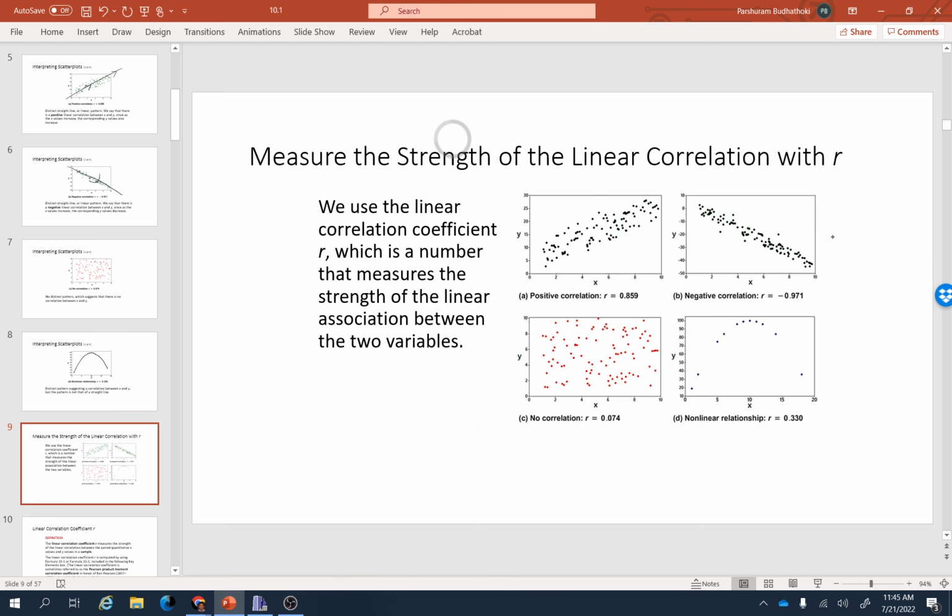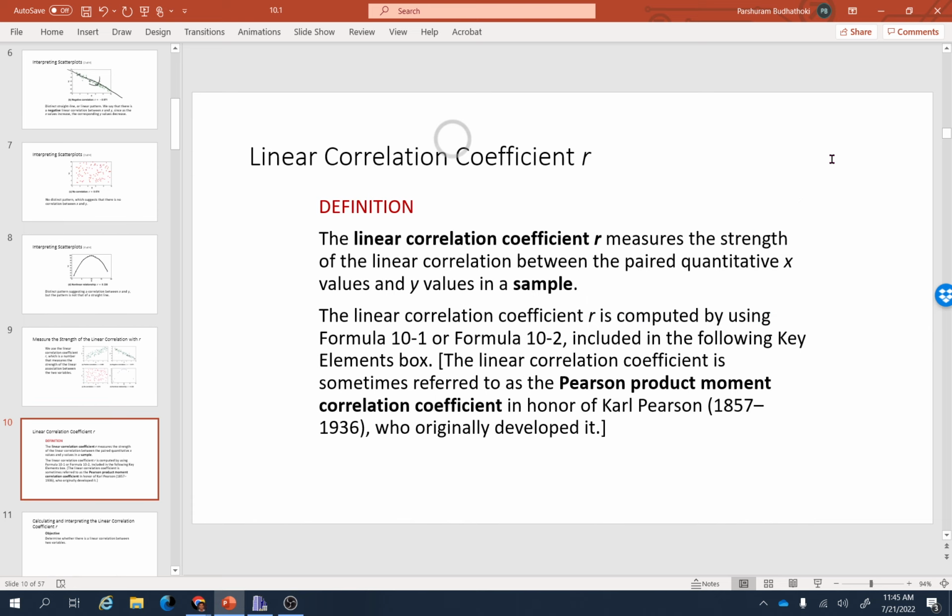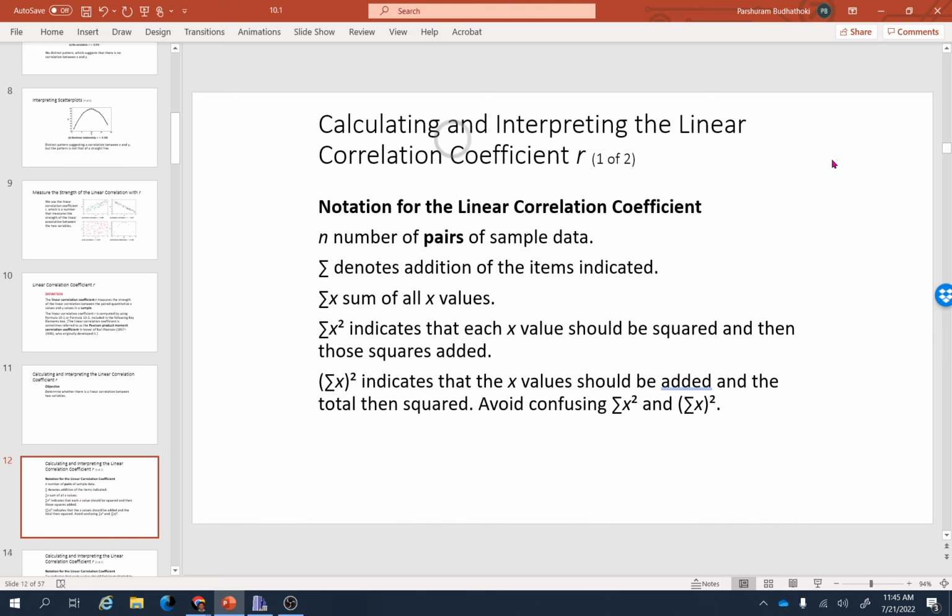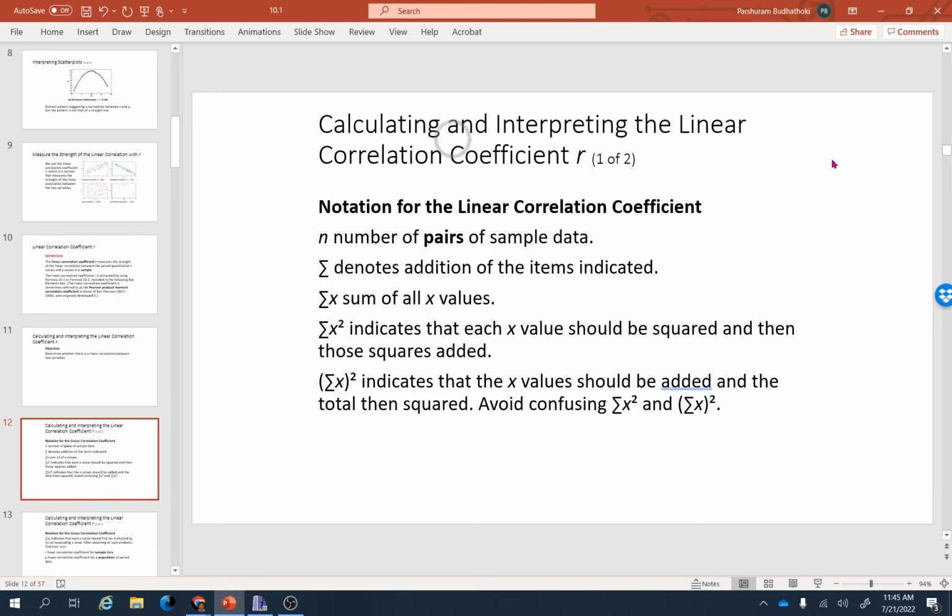So we can measure that correlation in this section, and the notation for linear correlation is r. We try to find the value of r, how much they are related. When we solve the problem, you can read the objective and the notations in this section of your book.